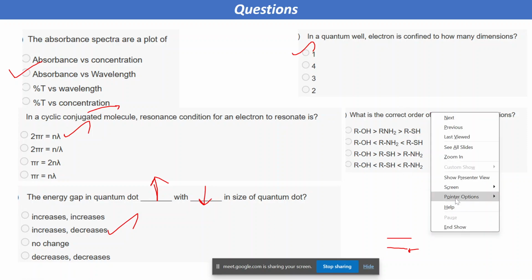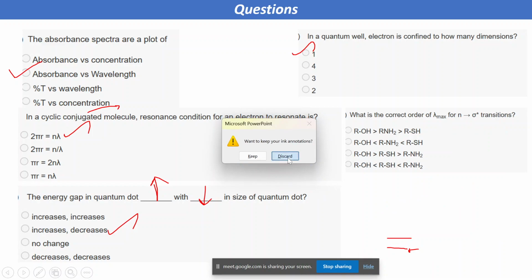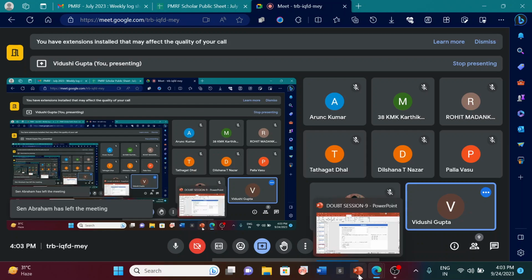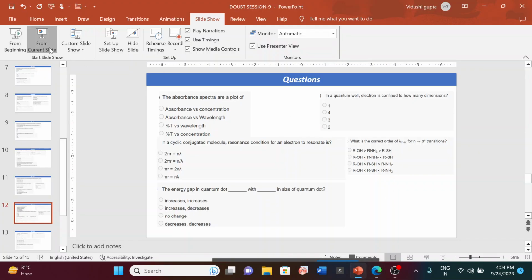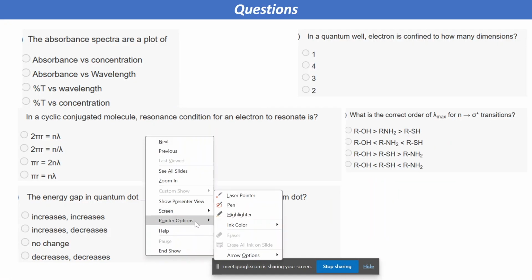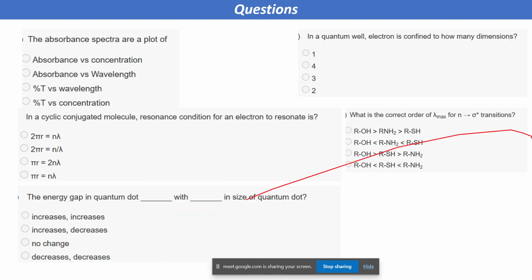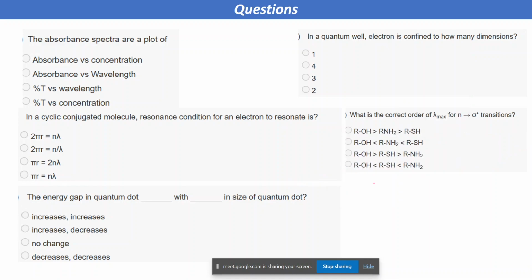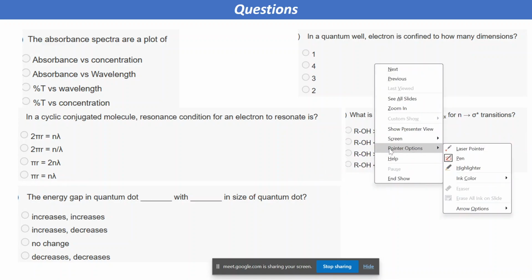What are the transitions that are involved?